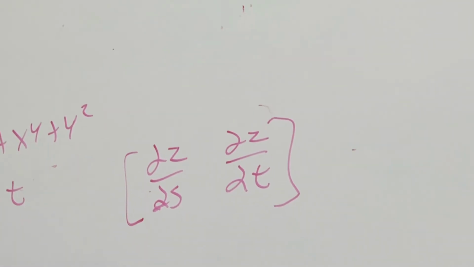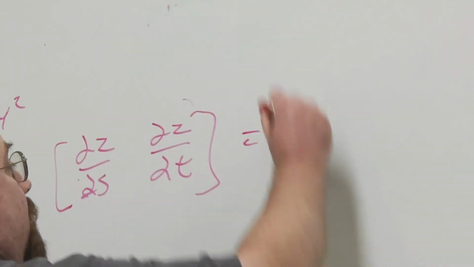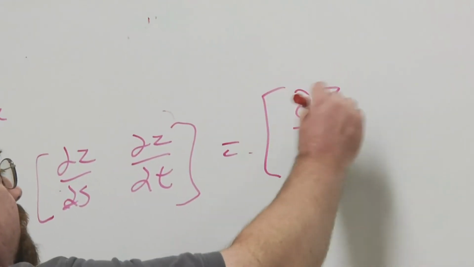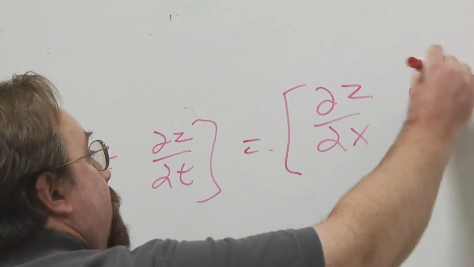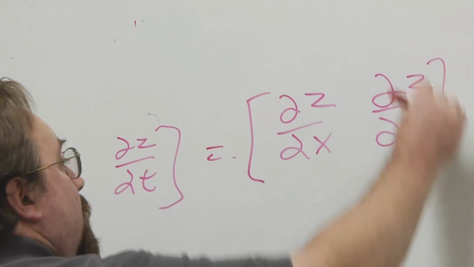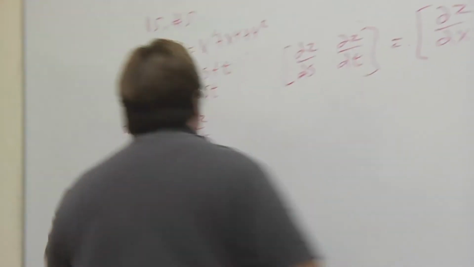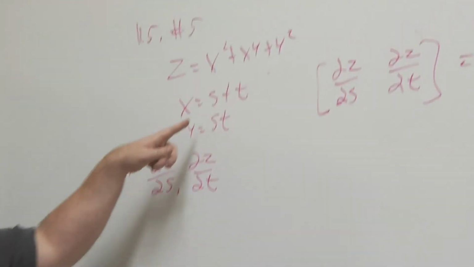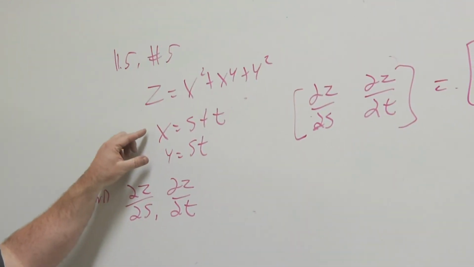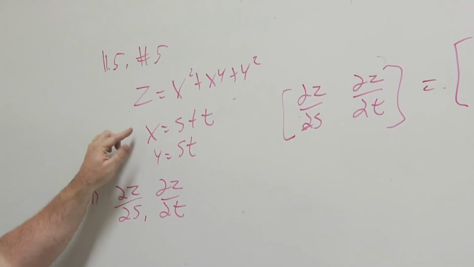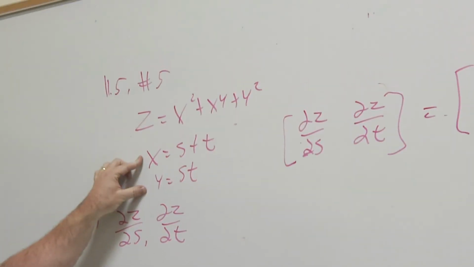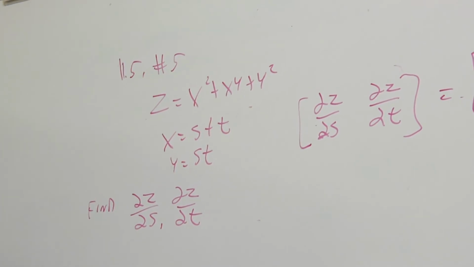So this is going to be, by the chain rule, equal to partial of z with respect to x, partial of z with respect to y, times the Jacobian matrix of the change of variable, the partials of x and y with respect to s and t.